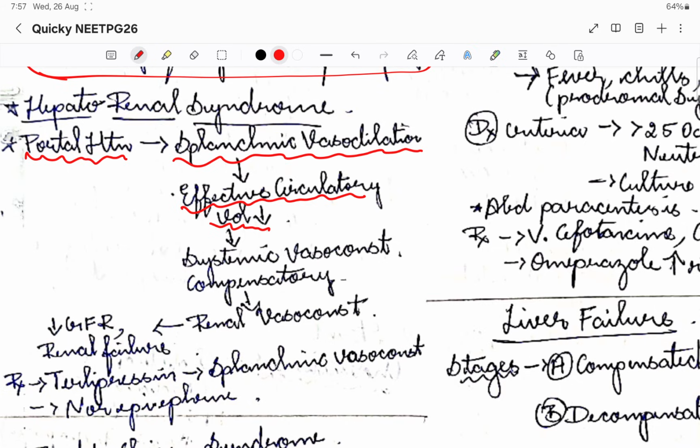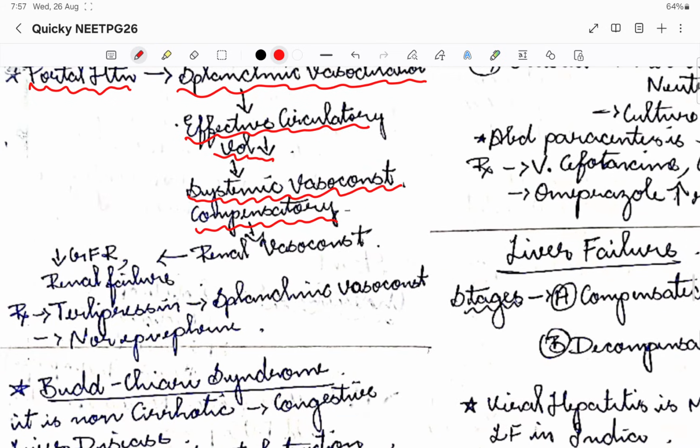Our kidney will detect this volume lowering and signal that the system has to go into vasoconstriction. So renin activation will be there, and the system will go under vasoconstriction to compensate for the loss of volume. That is happening because of the vasodilation. This systemic vasoconstriction also constricts the renal vessels.